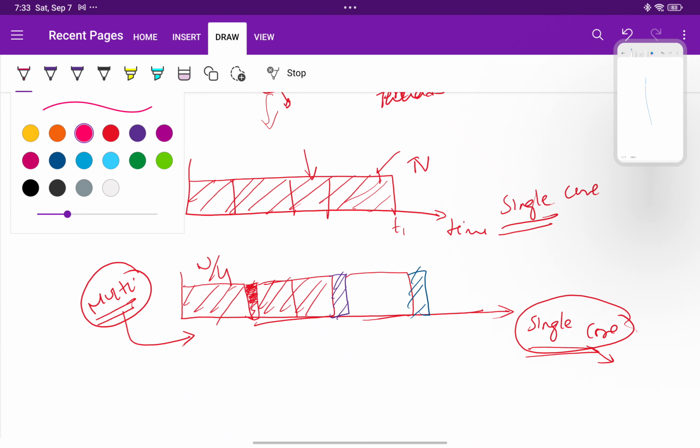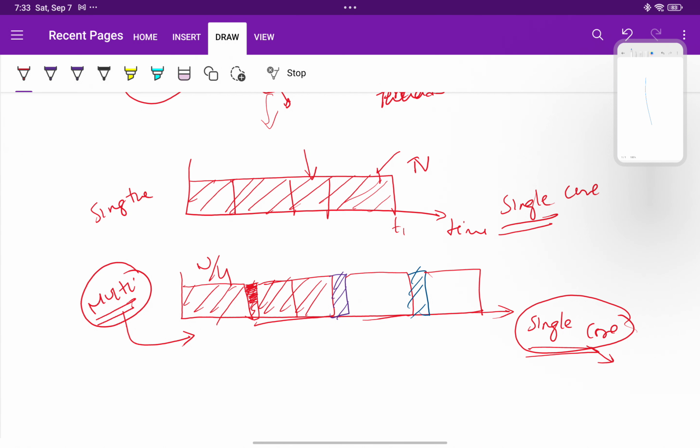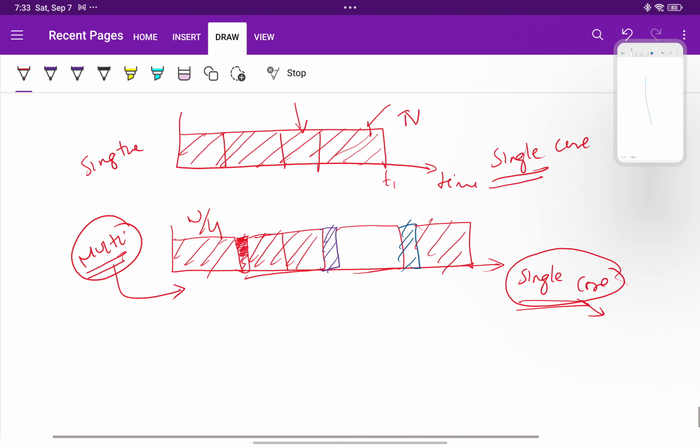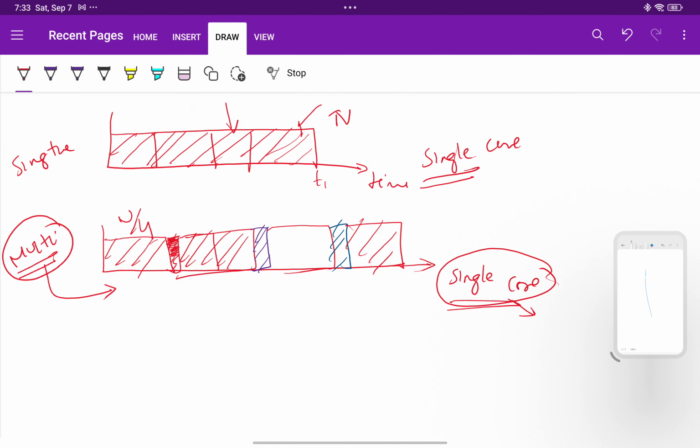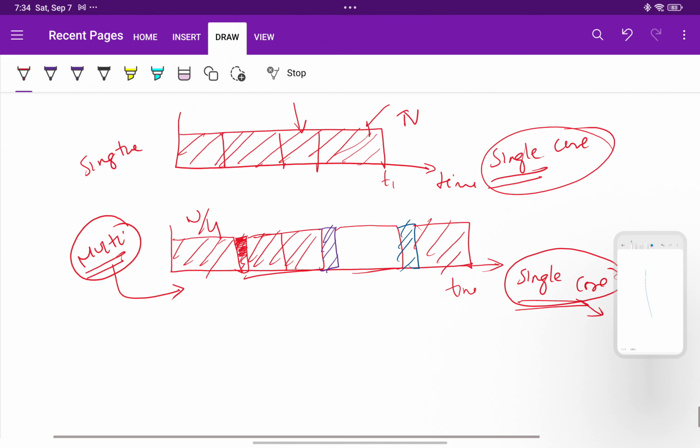Now again it is doing n by 4 task. So the same application designed based on multi-thread, if we deploy it on a single core machine, takes more time than the single thread application.